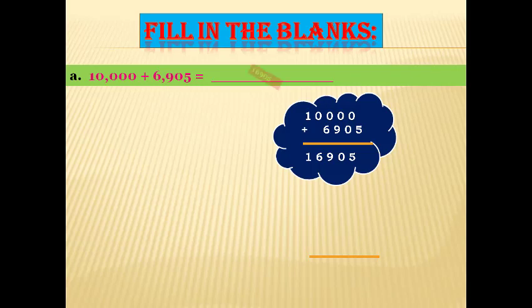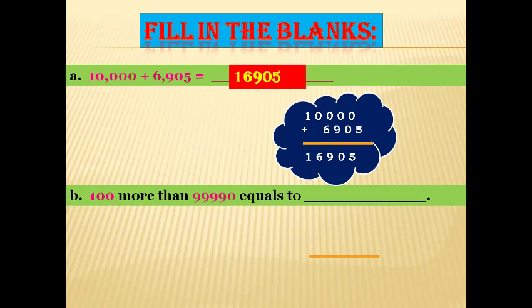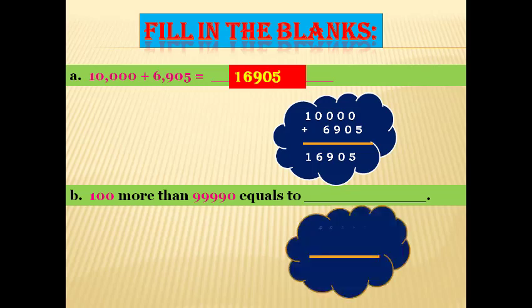The answer is 16,905. B. 100 more than 99,990 equals dash. Students, match your answer with this solution. 99,990 plus 100 is equal to 100,090. So the answer is 100,090.